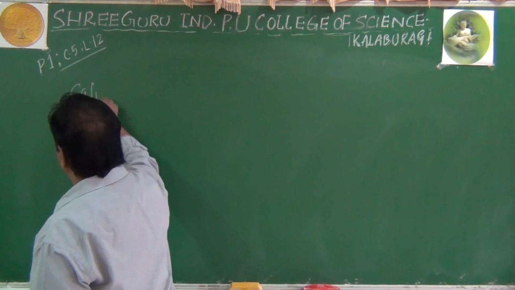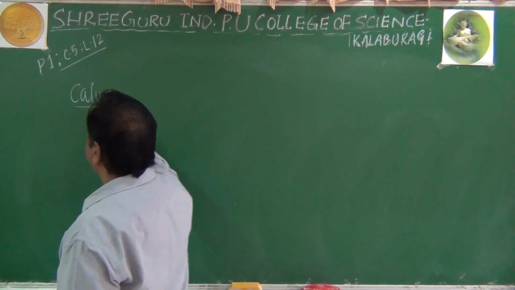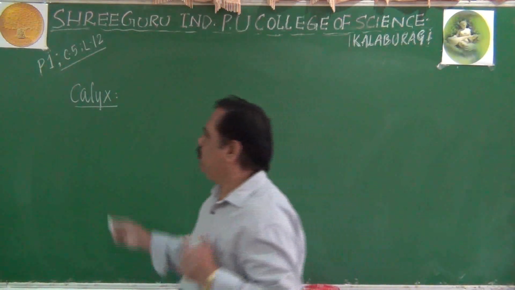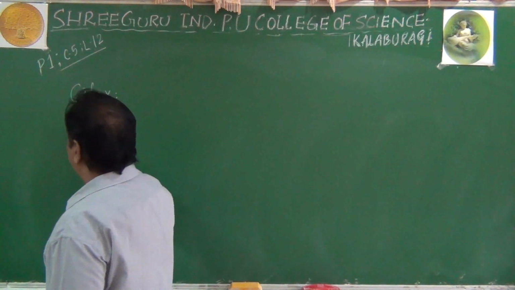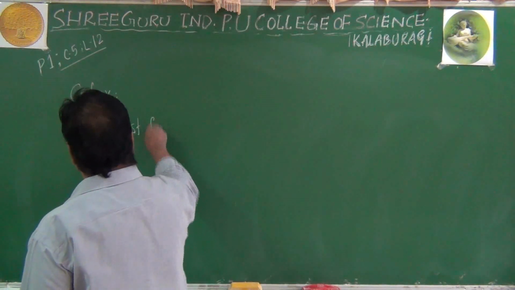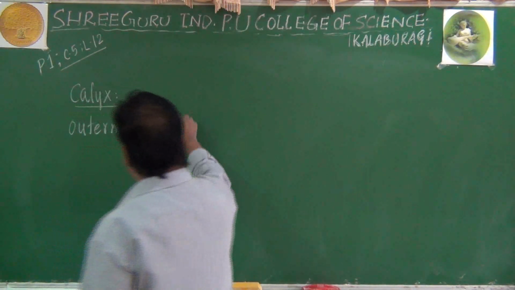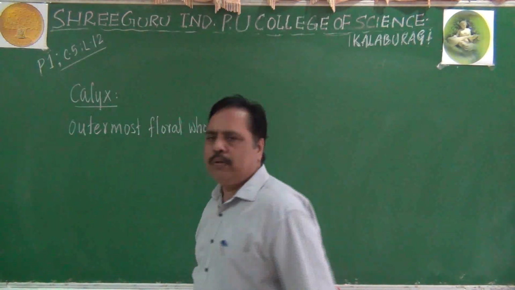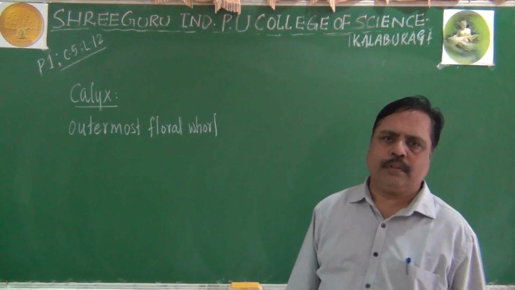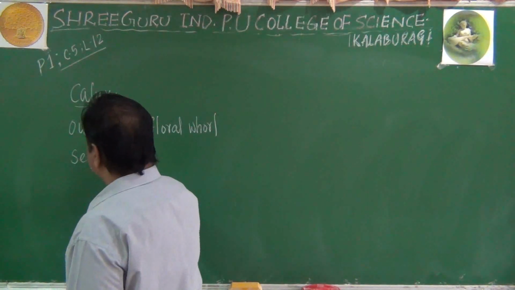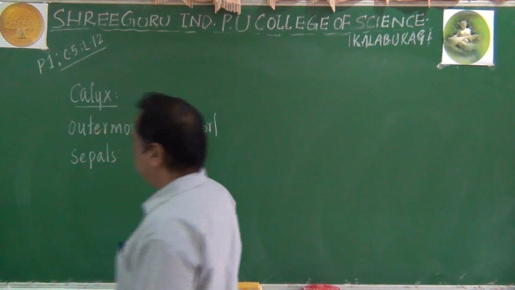Regarding calyx, you must know some points. The word calyx can be referred to as the outermost floral whorl of a flower. The calyx is made up of sepals, remember.